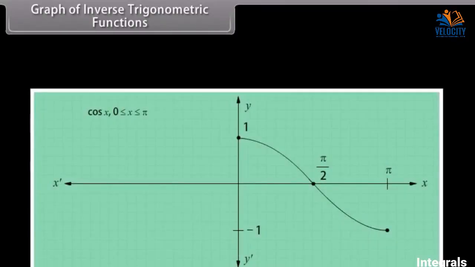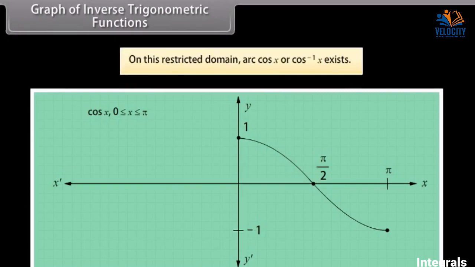The derivations of the graphs of arc cos x and arc tan x are similar to that of arc sin x. In both instances, intervals must be restricted. For arc cos x, we use the 0, pi piece.